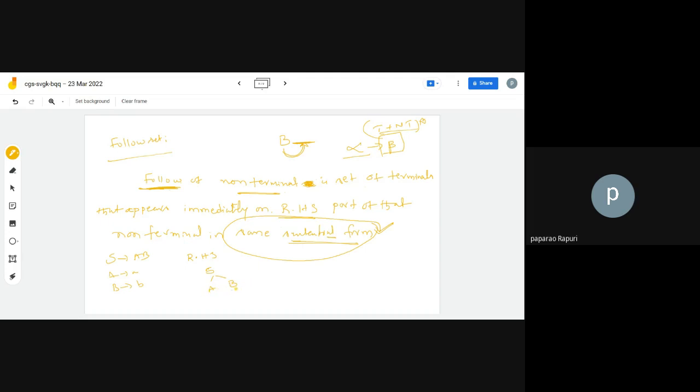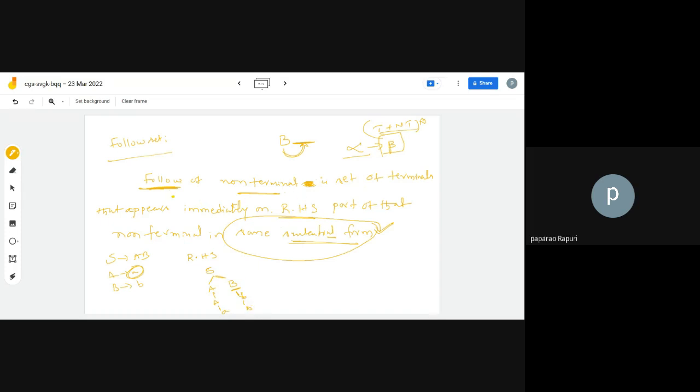Here first I need to replace capital B with small b, because the rightmost non-terminal is always replaced with the sentential form. So this is small b, and here it is capital A. After that, capital A is replaced with small a.